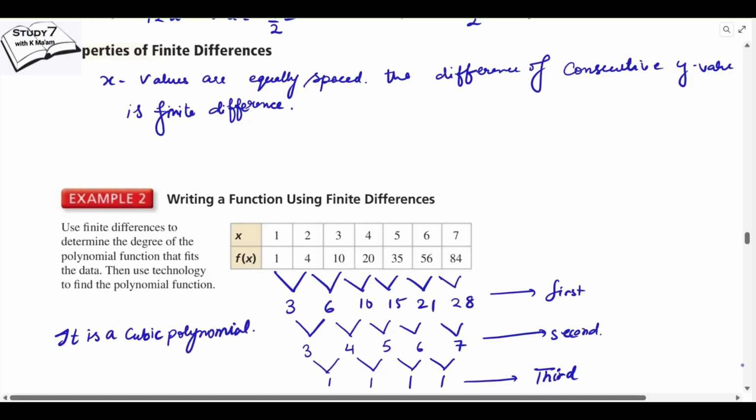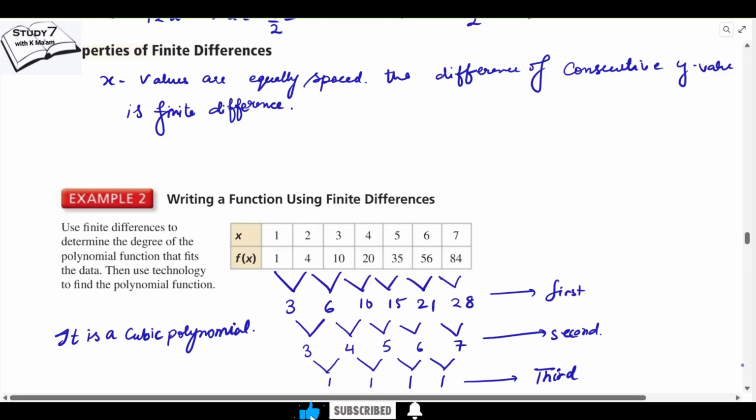They also say to use technology to find the polynomial function. You just have to substitute these values in a calculator and calculate the cubic regression equation. Make sure you calculate for cubic.